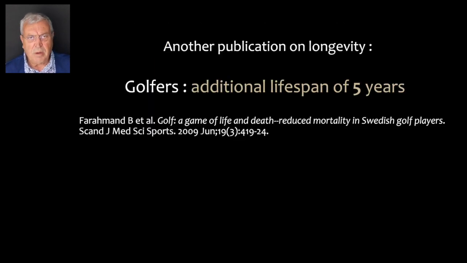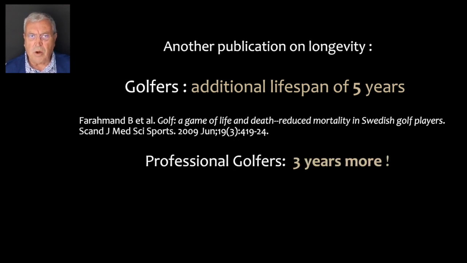In the same reflection, this publication came to show that golfers have an additional lifespan of 5 years because they walk often, quickly. But moreover, professional golfers are living 3 years more.